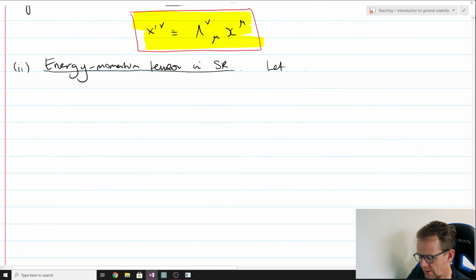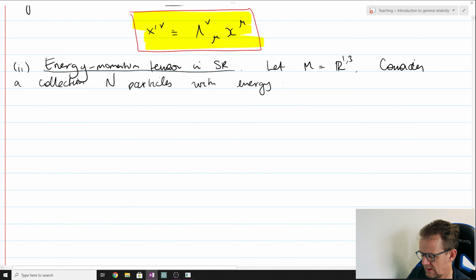So again, we're going to work with this nice simple manifold of Minkowski spacetime. We're going to consider our collection of n particles moving in Minkowski spacetime.